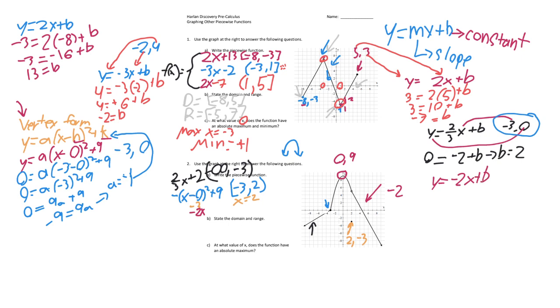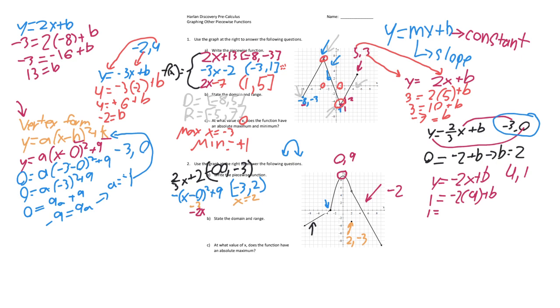So now, pick a point. Point that we definitely go through. Most classes have preferred to use the point 4, 1, because 4, 1 is definitely on there. Plug in our values. 1 for that y is equal to -2 times that 4 plus that b.